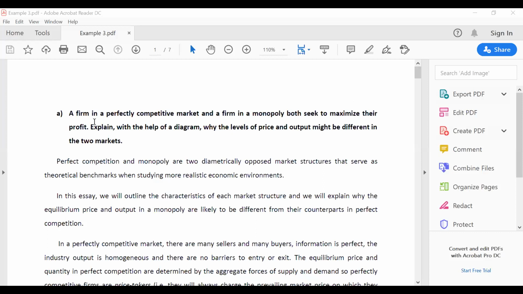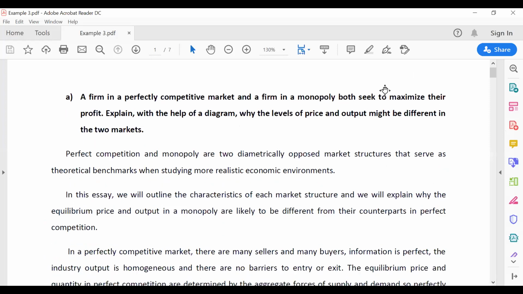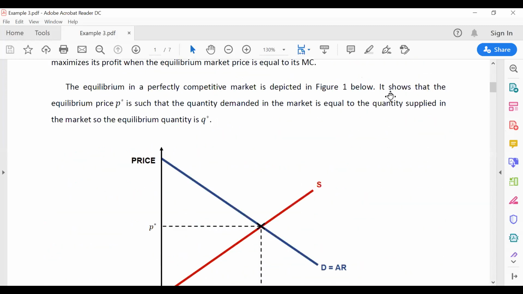This is a question from a past paper. A firm in a perfectly competitive market and a firm in monopoly both seek to maximize their profit. Explain with the aid of a diagram why the levels of price and output might be different in the two markets. And I typed the entire key to this question.